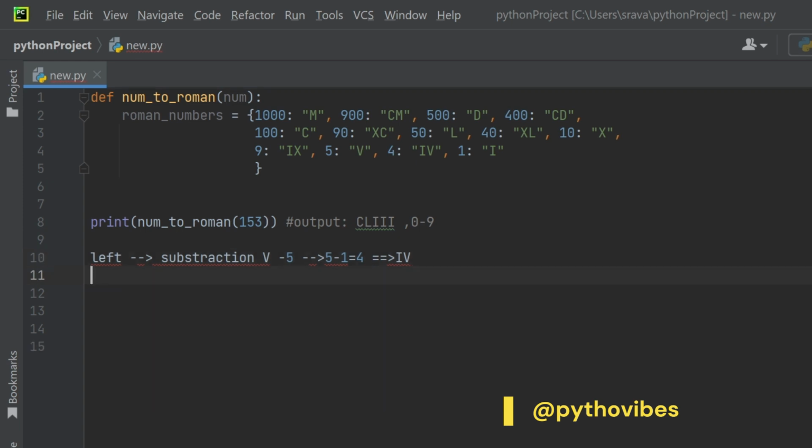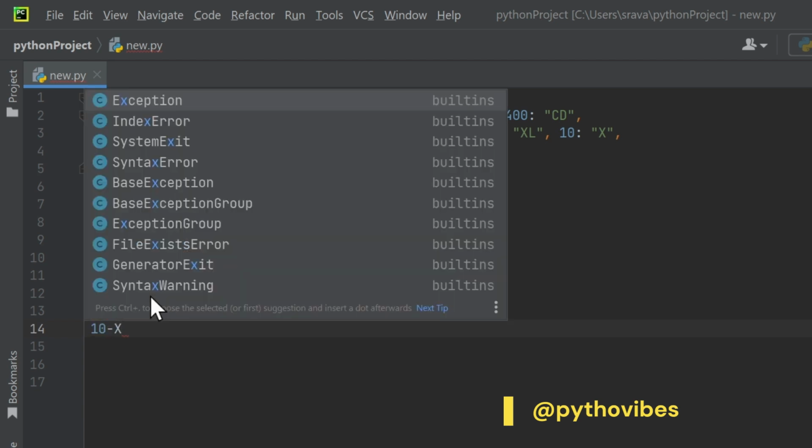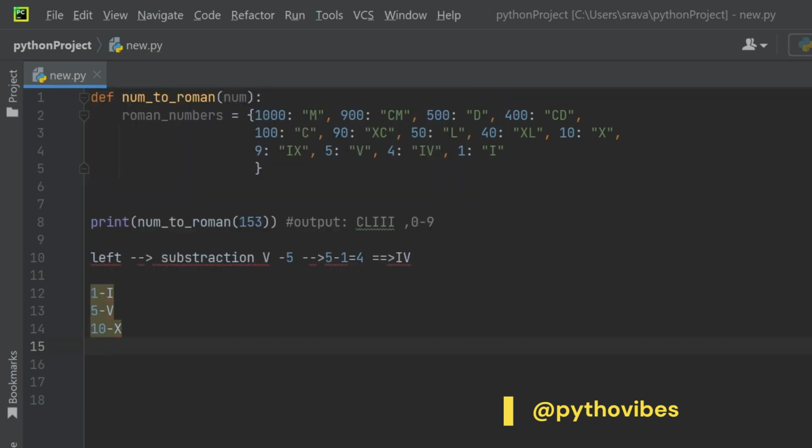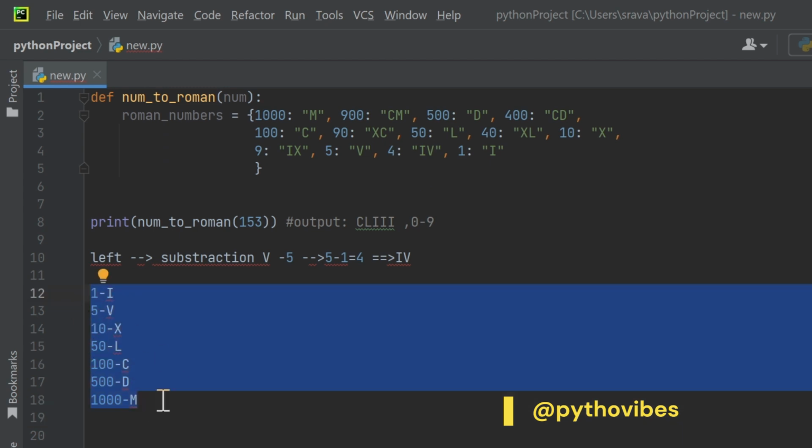If we have to get 10, remember it is represented with X, and for 50 we use L. So mainly you need to remember: for 1 we use I, for 5 we use V, for 10 we use X, for 50 we use L, for 100 we use C, for 500 we use D, and for 1000 we use M. These are the main numbers you need to remember.